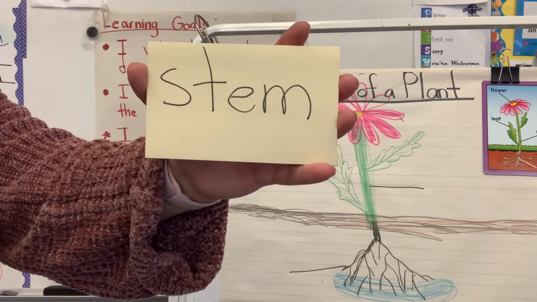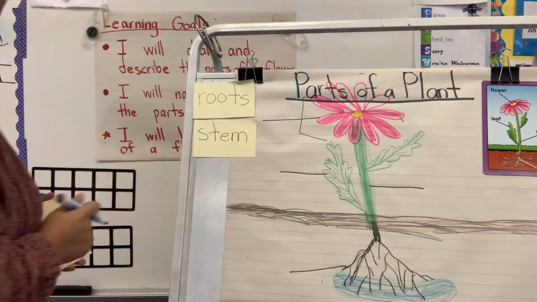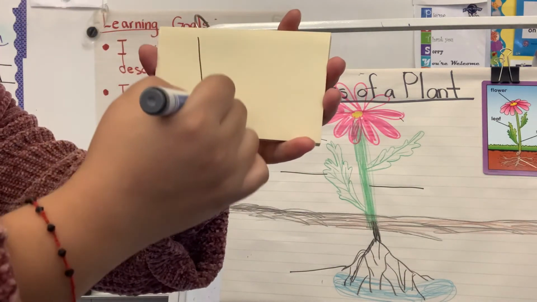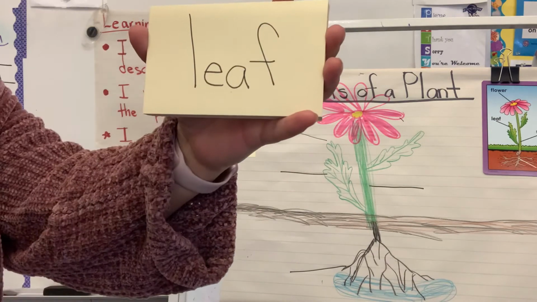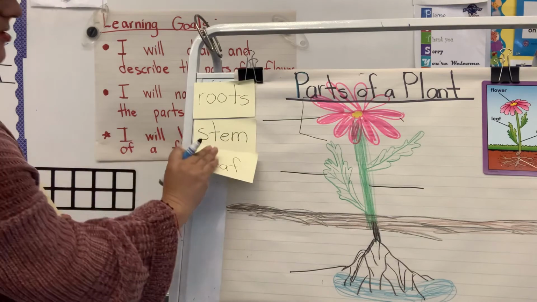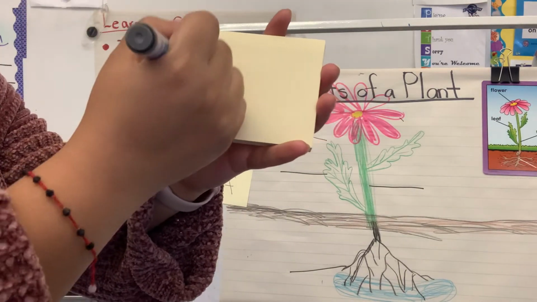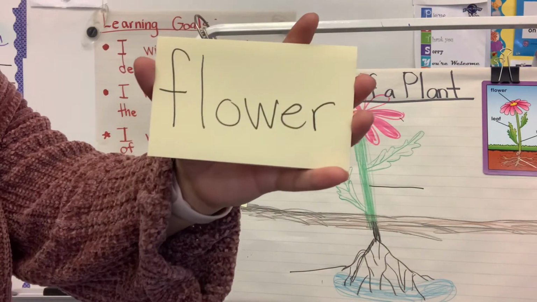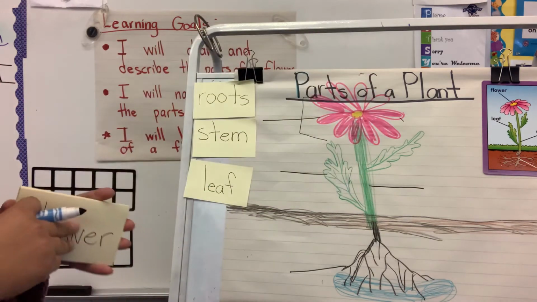Okay, copy that where it belongs. I'll leave it there. Leaf. Write that down where it belongs. Flower. You write that down where it belongs.